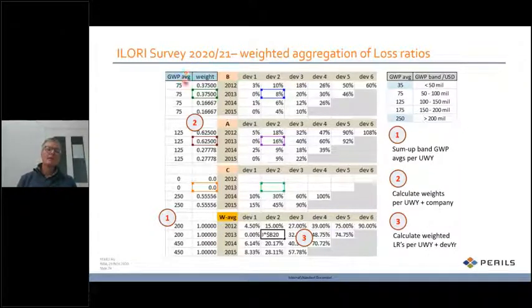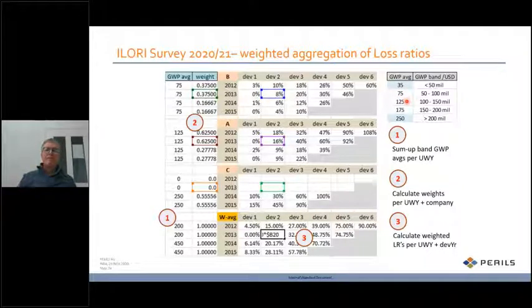When you look at the table, Simon, on the right-hand side, you see between 50 and 100 million, so the middle of the band would be 75. So we would use a proxy for the portfolio premium volume of 75.